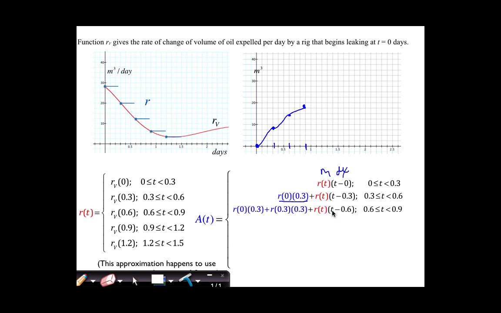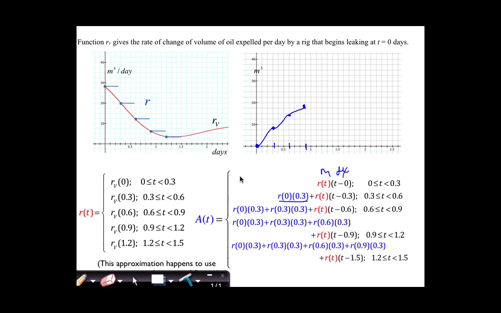How far is t past 0.6, past the beginning of this interval, or how far is t into this current third interval? So we could do this again, and it gets longer and longer and more tedious, but if you can see the structure of what's going on, in symbols, it's slightly less annoying, even though it's longer to write, than trying to work out all the numbers.